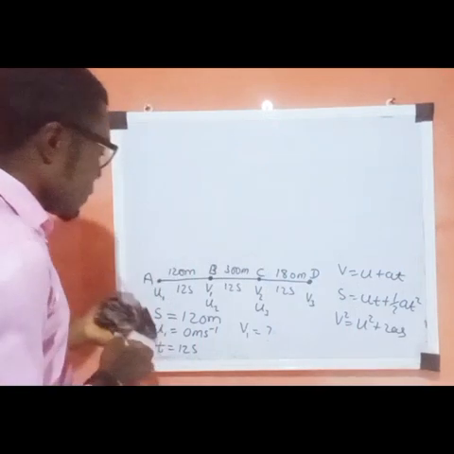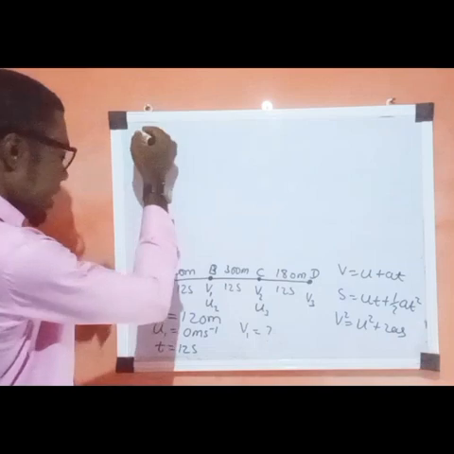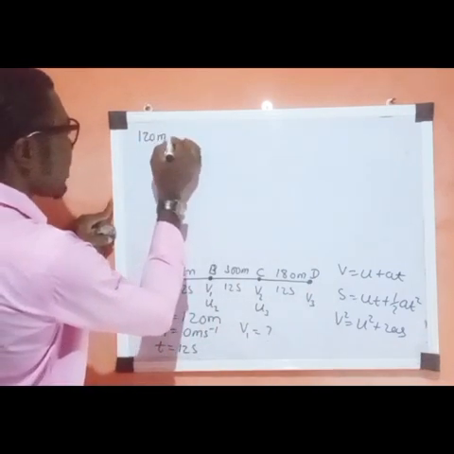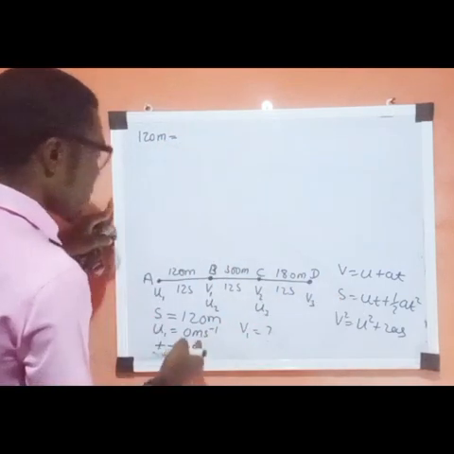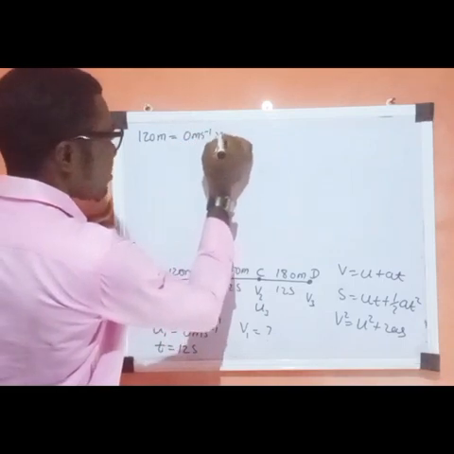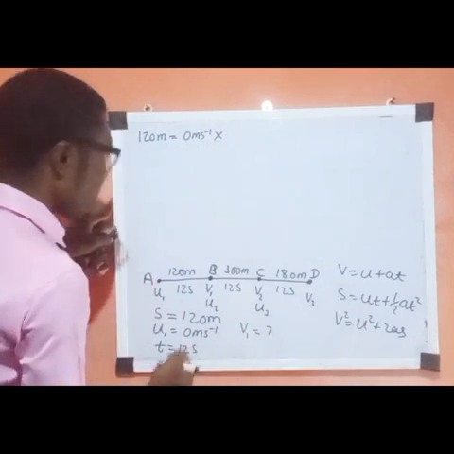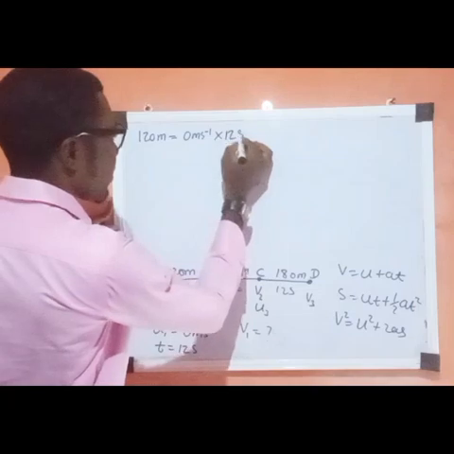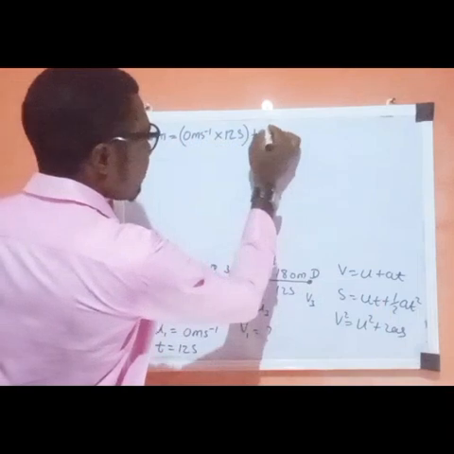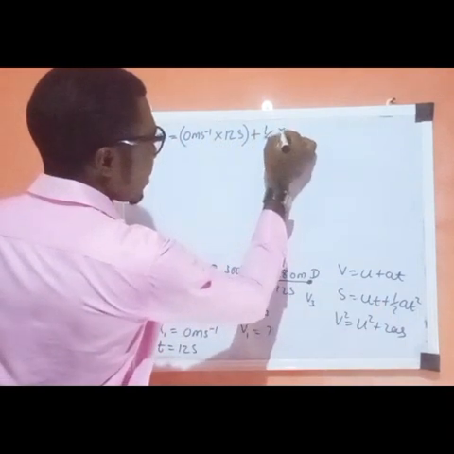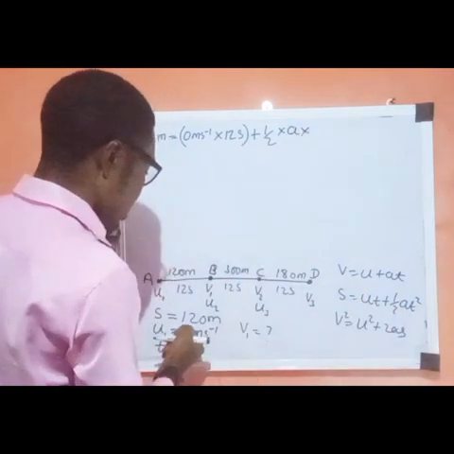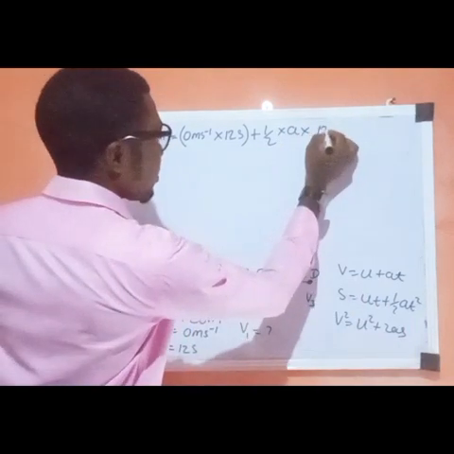Okay, so if we do that, our S is 120 meters. 120 meters equals U is 0 meters per second, times T is 12 seconds, plus half times A is unknown, times T, 12 seconds.